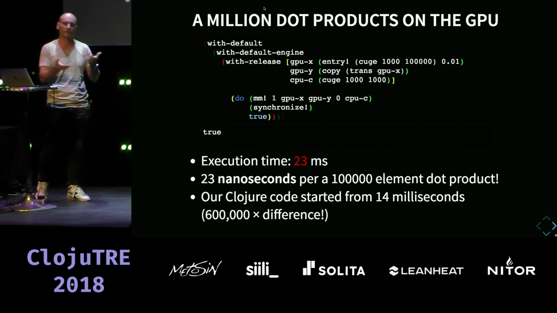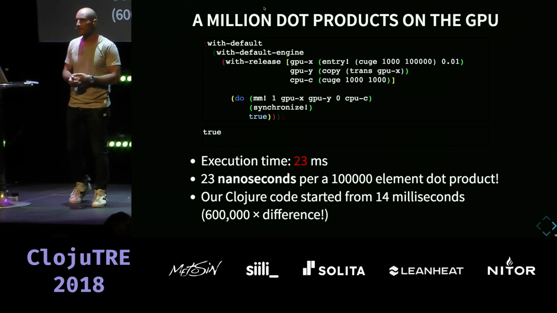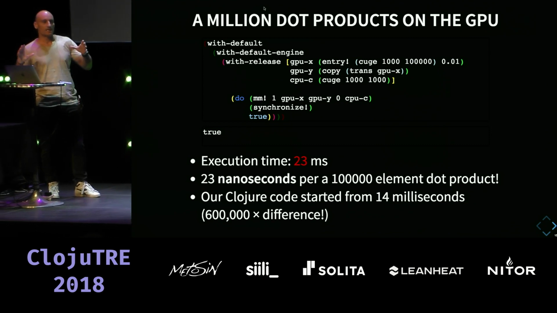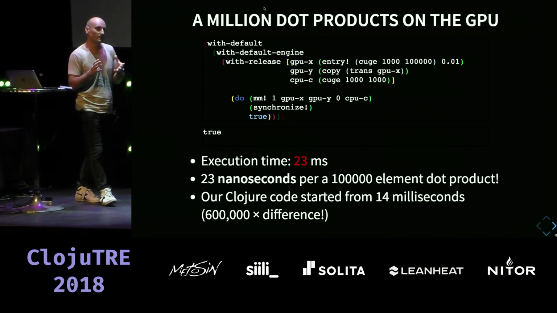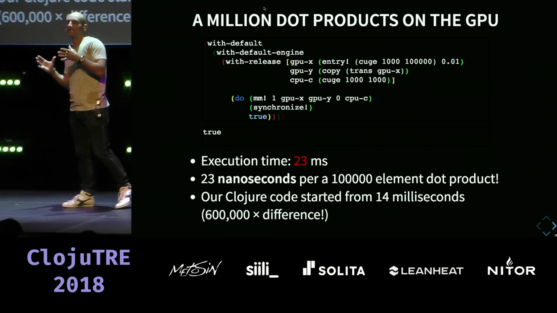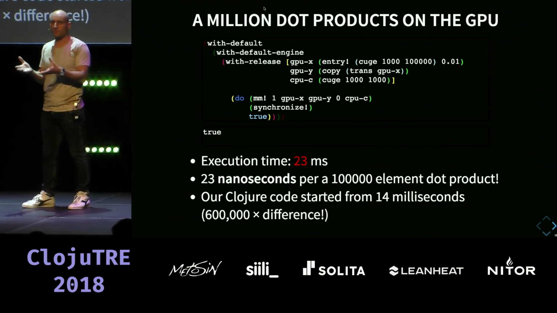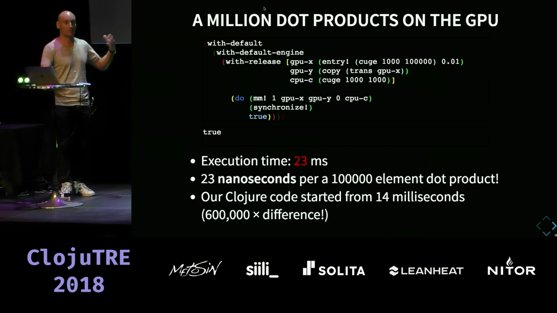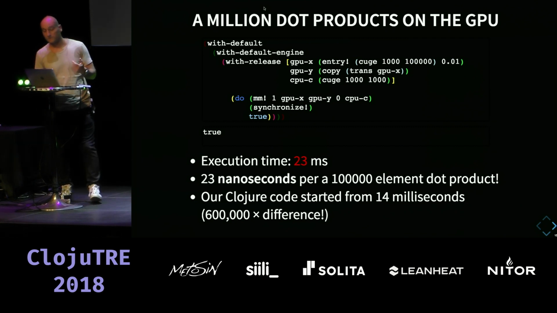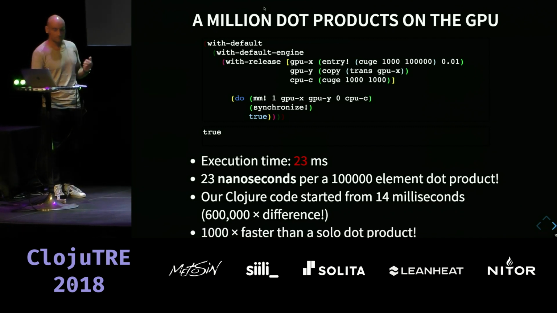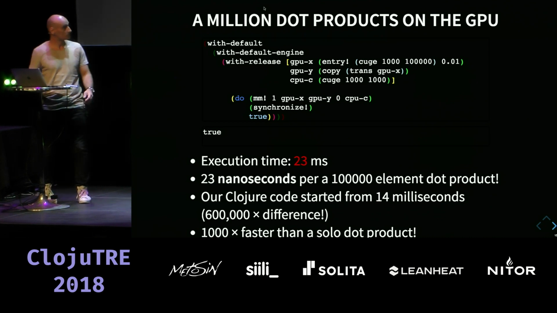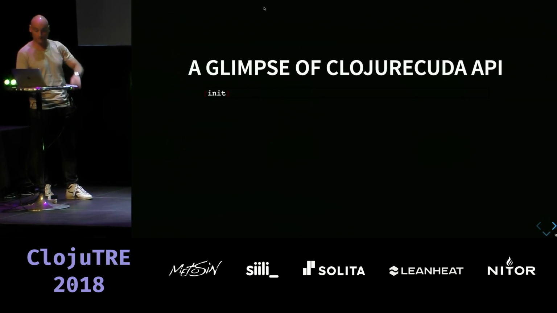Of course, it's a bit of comparing apples to oranges, but still, it gives us a reference of the speed that we got, and the way that we manage this is we fused a lot of operations into one. So whoever implemented these operations could use a lot of optimizations, so it's actually 1,000 times faster than the solo dot product. Okay, I'm not running out of time, which is good.